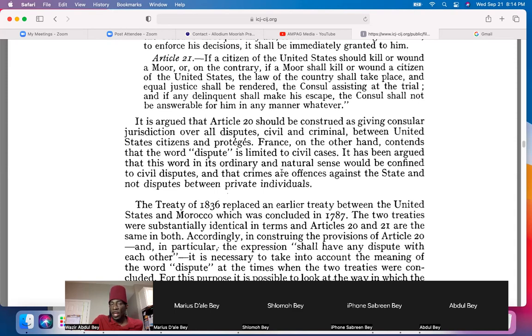France, on the other hand, contends that the word dispute is limited to civil cases. It has been argued that this word in its ordinary and natural sense will be confined to civil disputes, and that crimes are offenses against the state and not disputes between private individuals.